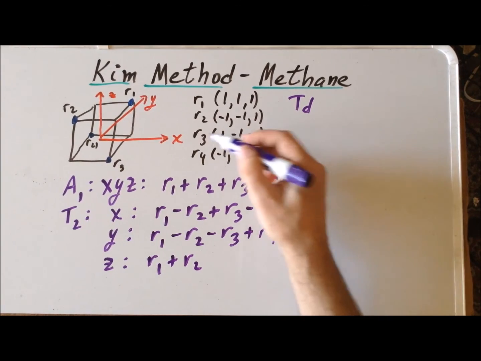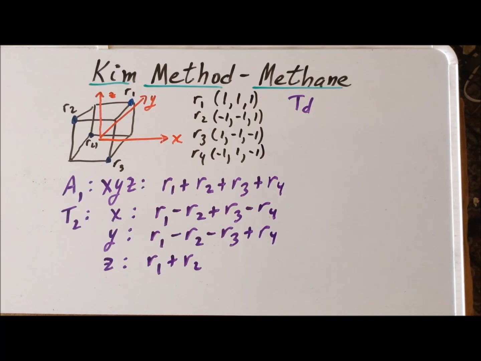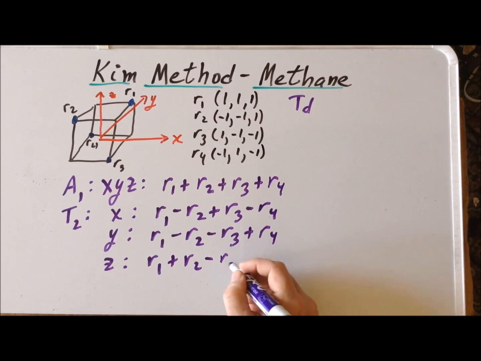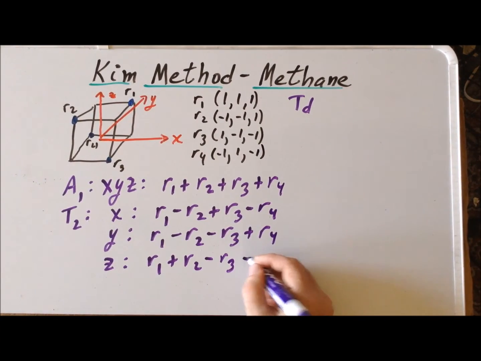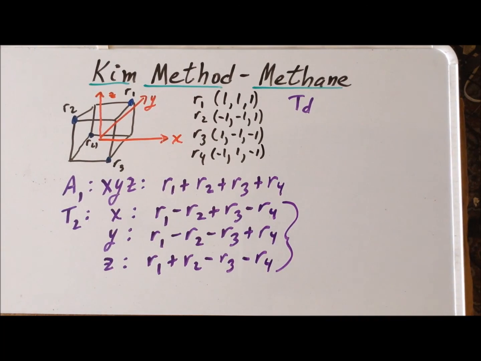And similarly, we notice for both R3 and R4, the z coordinate is minus 1, so the coefficients for R3 and R4 are each minus 1. These are triply degenerate. So our last vibration is going to be R1 plus R2 minus R3 minus R4, and this gives us all of the stretching motions so far.